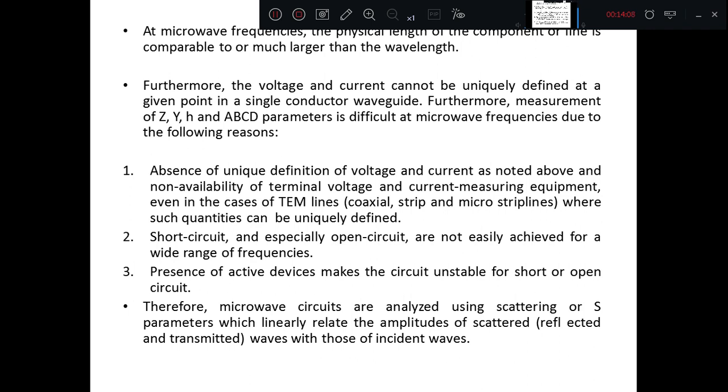So here what you have to understand is, when you use the ABCD parameters as well as ZYH using the 2-port network, it has some disadvantage, because since we are dealing with microwave frequency with some waveguide, we cannot use the ZYH and ABCD parameters, because for high frequencies the physical length of the component or transmission line is very large compared to the wavelength, and also the voltage and current cannot be defined uniquely for a given point in a single conductor, right?